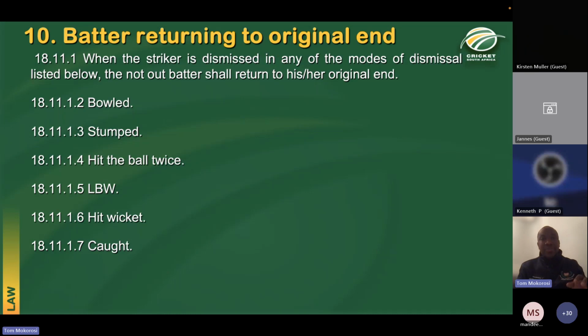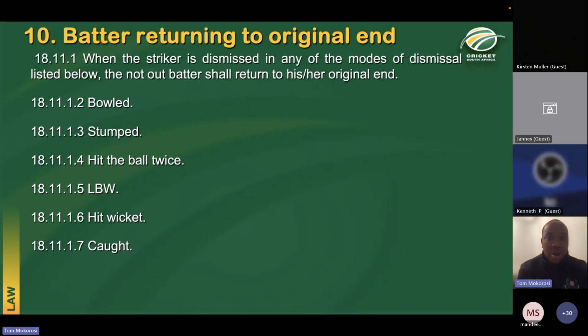in the same over. Obviously, if that was the last ball of the over, then the non-striker for the ball that the batter was dismissed by will be at this end and will face the bowler in starting the next over.